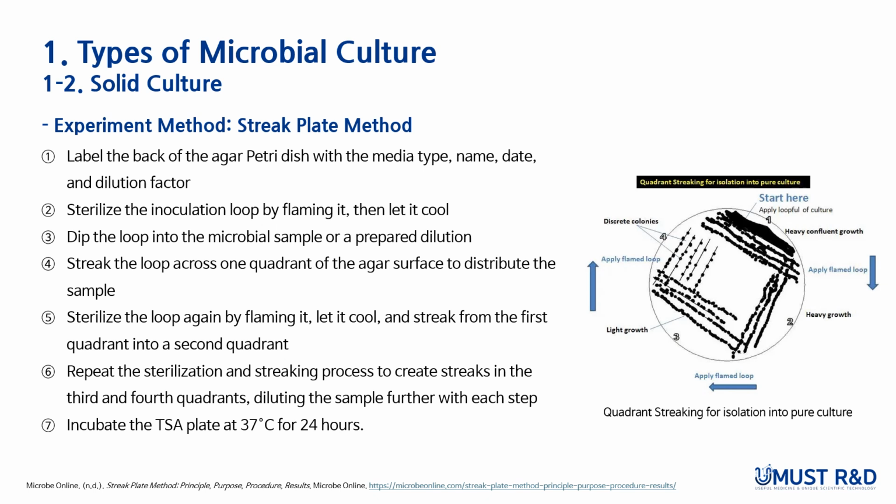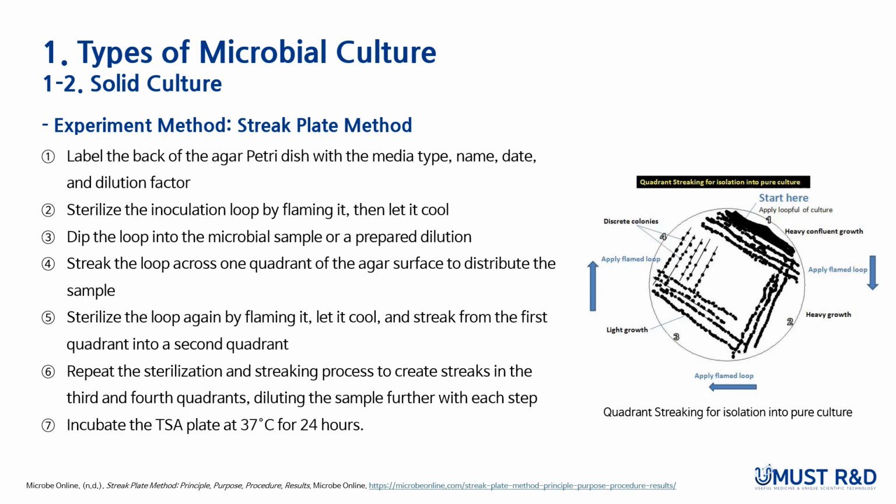The loop is then flame sterilized again, and once cooled, the loop is used to streak from the first quadrant into the second quadrant, gradually diluting the sample like the picture on the right. This process is repeated for the third and fourth quadrants.